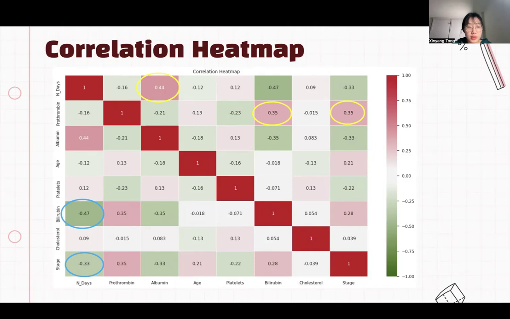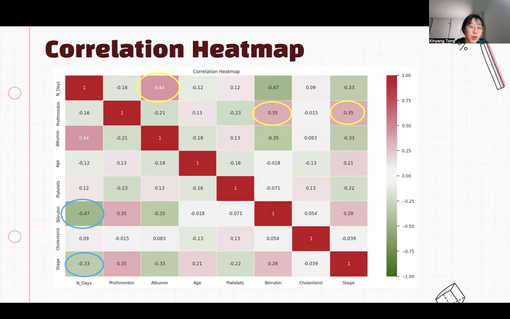And there's also a positive relationship between prothrombin and bilirubin, which means if the bilirubin becomes higher, the prothrombin will become higher as well. And since our target variable is stage, we need to focus on the relationship between stage and other features.